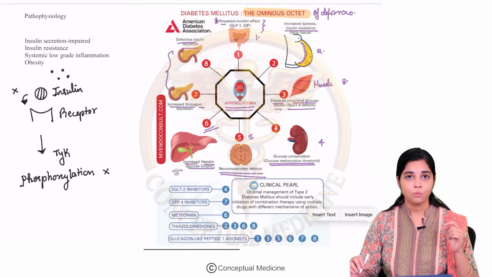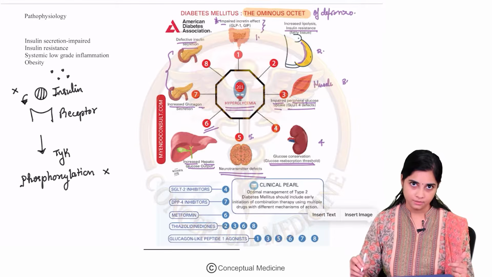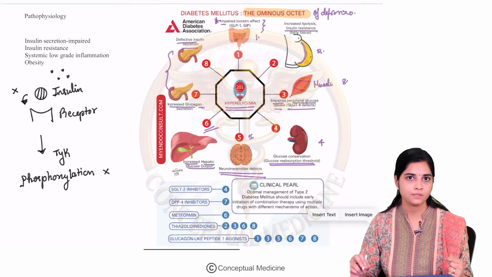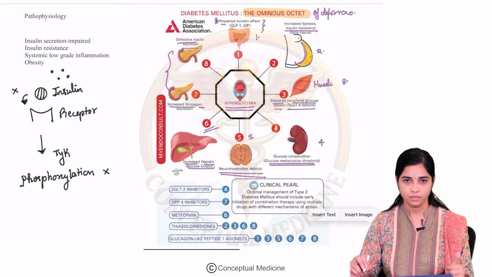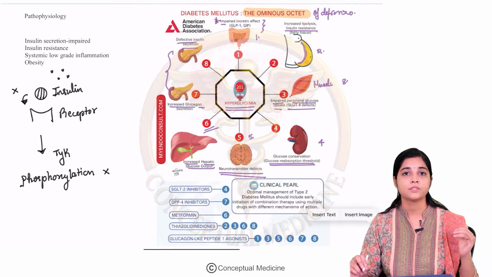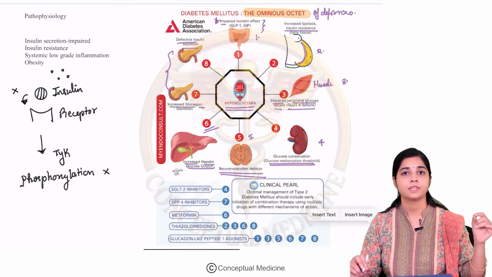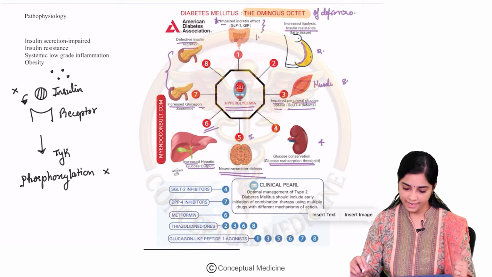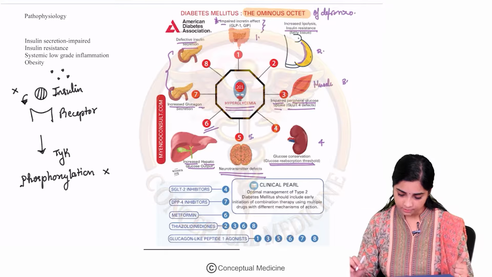Why is this ominous octet of 8 pathophysiological processes so important? Because after identifying these 8 processes, we have found molecules which can be used in the treatment of diabetes, which can act on any of these 8 processes.